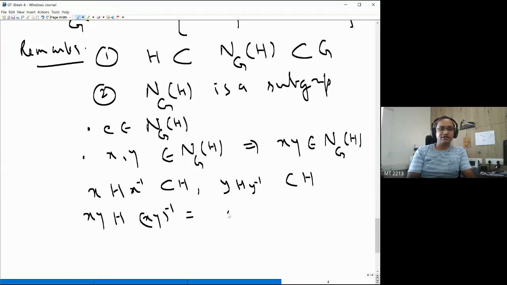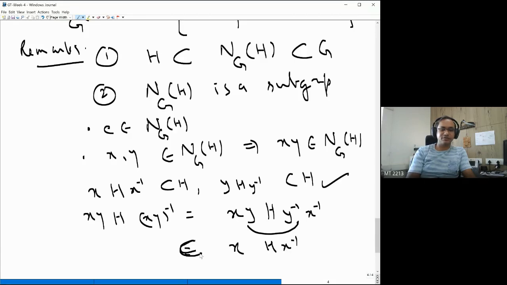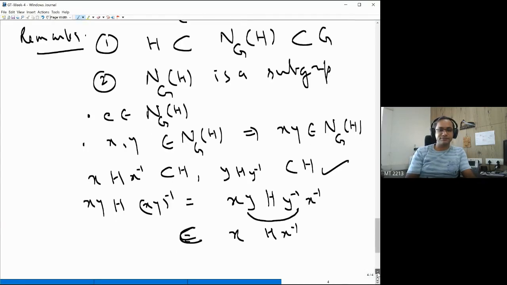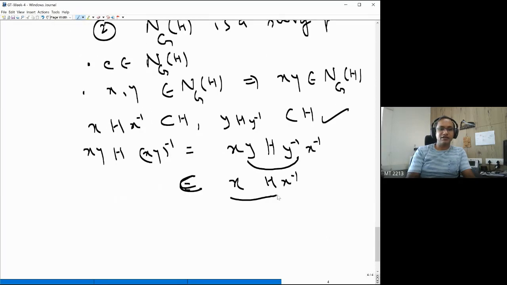Okay, and this is XY H Y inverse X inverse, right? So let's first look at this part here. By this one here, we see that this is a subset of X H X inverse, right? My definition says it is a subset, but actually it will turn out to be equal. And then this whole thing, by looking at this one here, we know that this will be contained in H. So this is what verifies that.